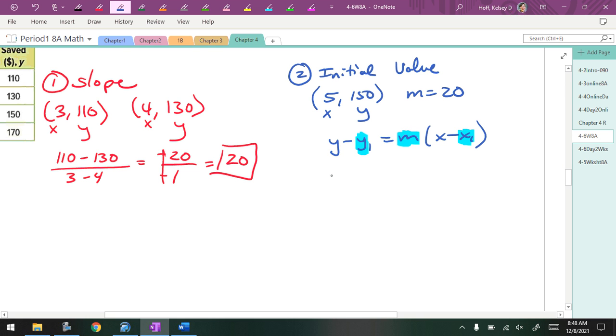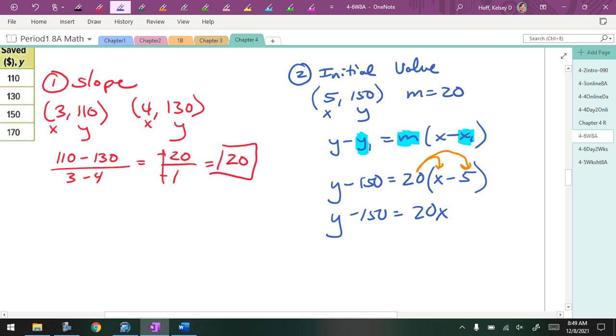All right, so I should have y minus 150 equals 20 times x minus 5. Nicely done. What's my next step? Distribute the 20. 20 times x is 20x, and then 20 times negative 5, which is negative 100.